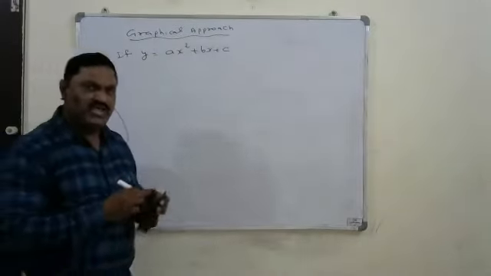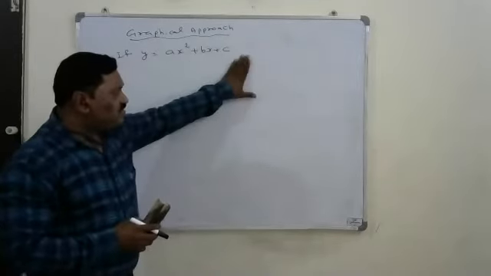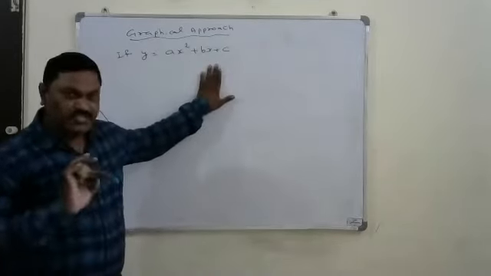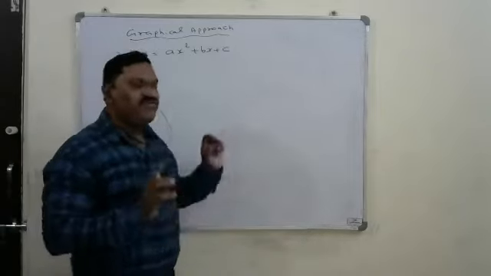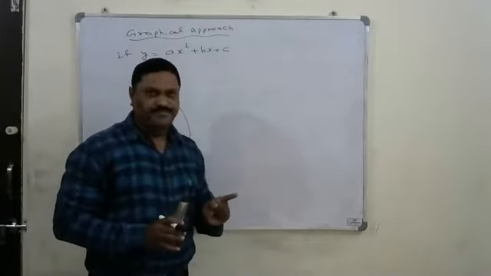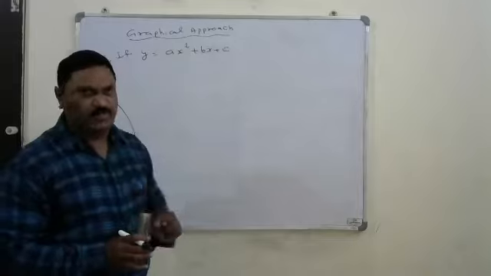That is, y is equal to ax square plus bx plus c. If you draw the graph of any quadratic expression, that graph we call a parabola. So the parabola always represents a quadratic expression, remember that.